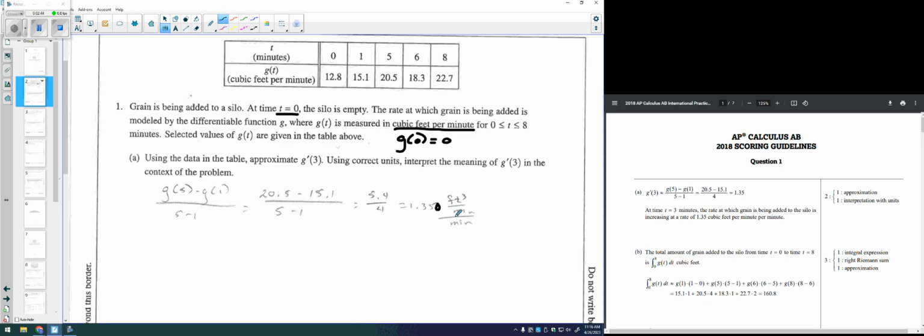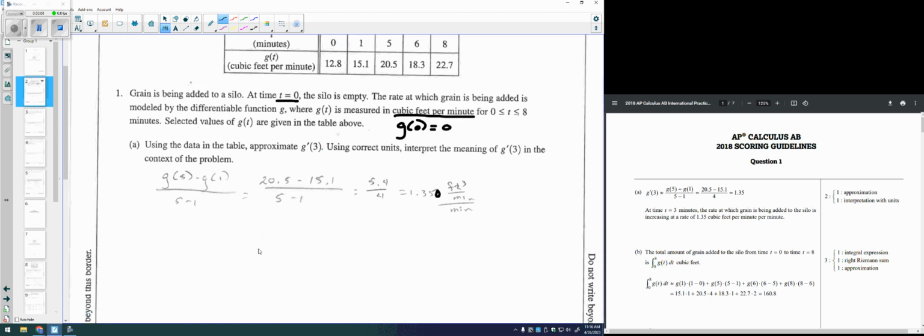Okay, interpret this. At time equals 3, the rate at which grain is pouring into the silo is approximately 1.35 cubic feet per minute is what we should write.